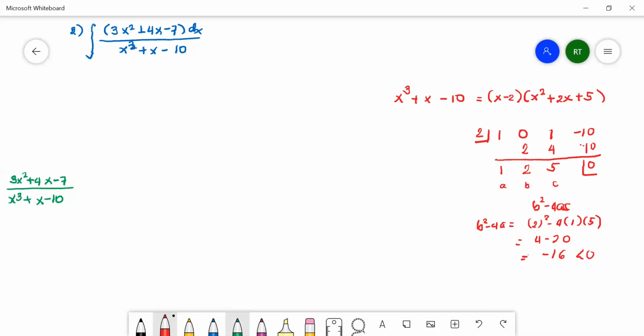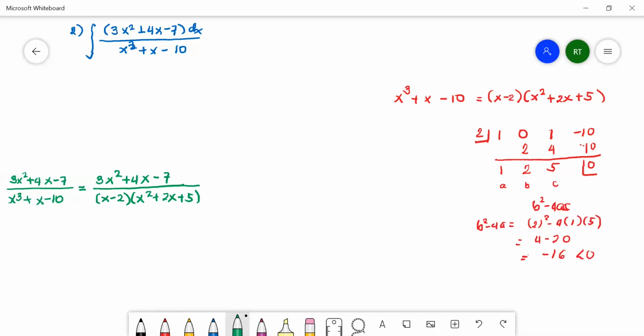Hence, to continue, we will have 3x squared plus 4x minus 7, and in the denominator, we can now write the factored form x minus 2 and the other factor, which is quadratic, x squared plus 2x plus 5.